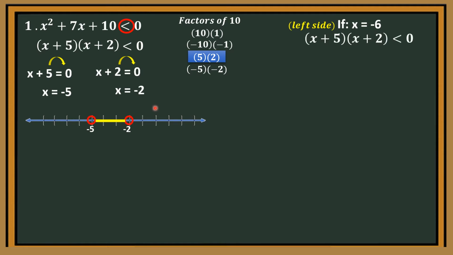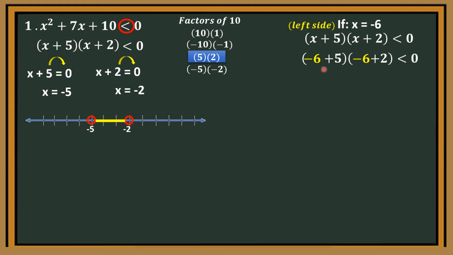So let's have here x plus 5 and x plus 2 is less than 0. By substitution, your x is negative 6. Then copy plus 5. x is negative 6. Then copy plus 2, copy less than 0.